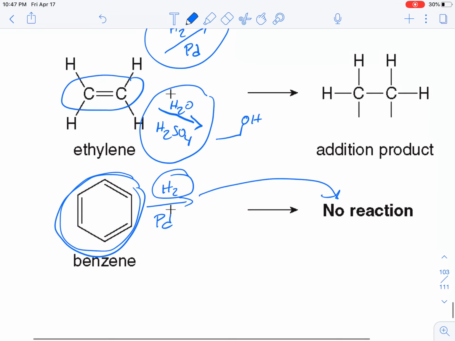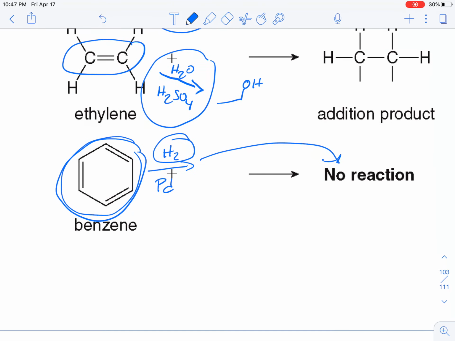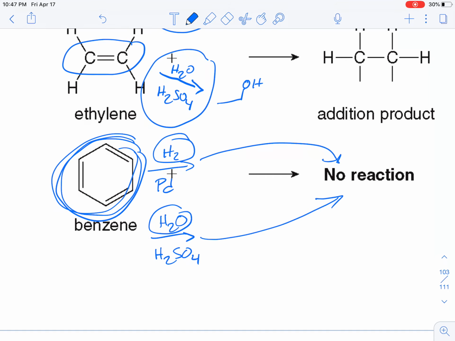The same is true for the hydration reaction. If you have a hydration reaction with benzene, then once again, no reaction will occur. The product that is formed is the same as the reactant. So once again, benzene will be benzene, water will be water, and that's your product basically.